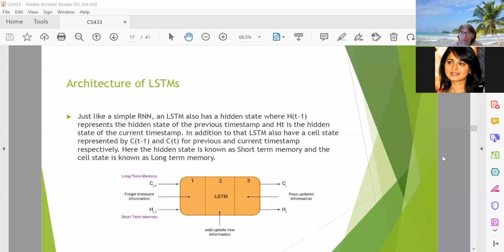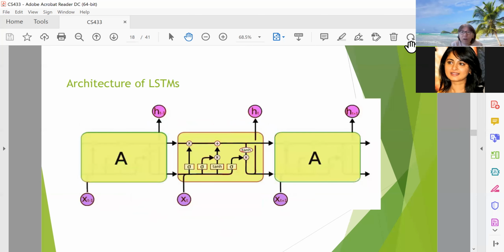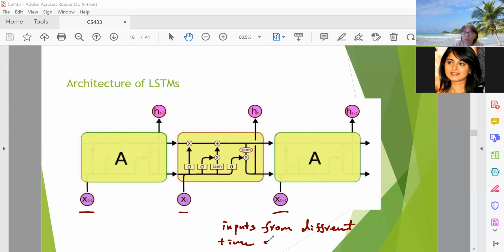So that's next, let's see. It's a kind of comprehensive. So here, X represents inputs from different time steps. Be careful, it's time steps.